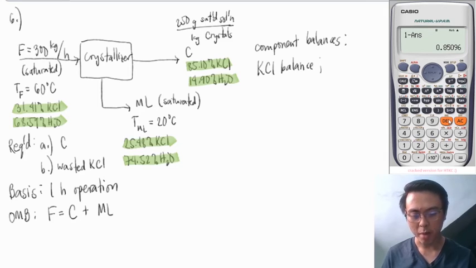So our KCl balance would be, in the feed part, 0.3141 times 300 is equal to, in the crystals, 0.851 times C plus in the mother liquor 0.2548 ml.